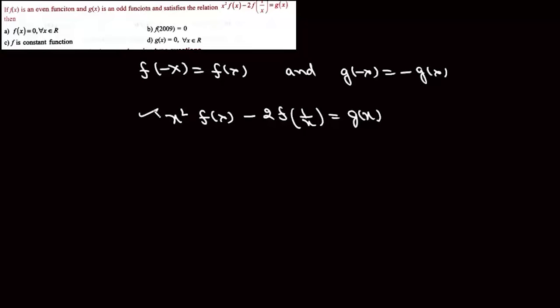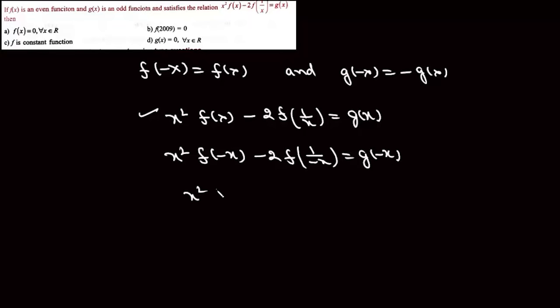Now in this equation we'll replace x with minus x. We'll write x square f(minus x) minus 2f(1 upon minus x), and this is g(minus x). Now f(minus x) is f(x), so it will be x square f(x) minus 2f(1 by x), and this is equal to g(minus x).